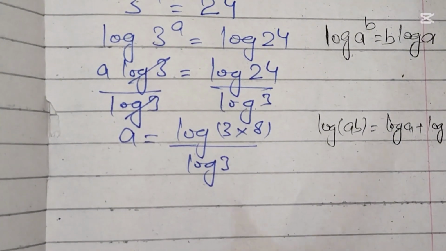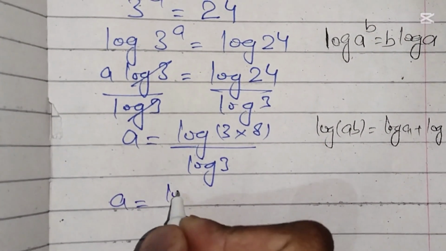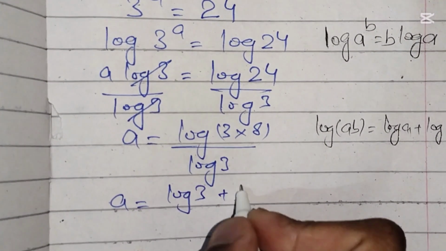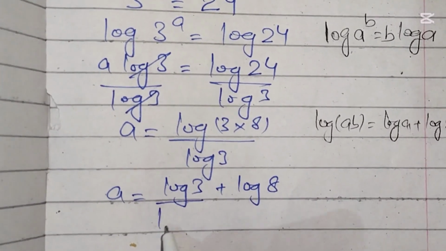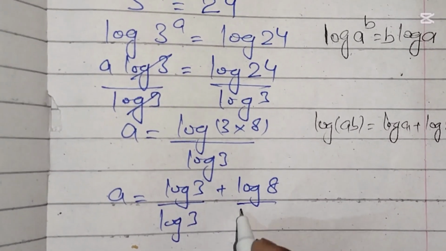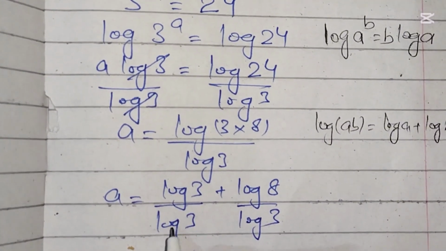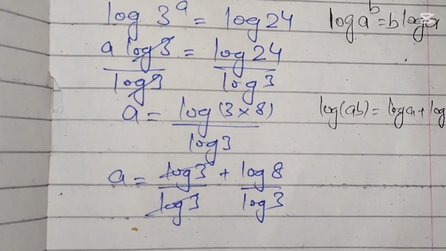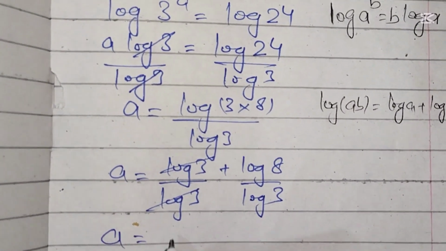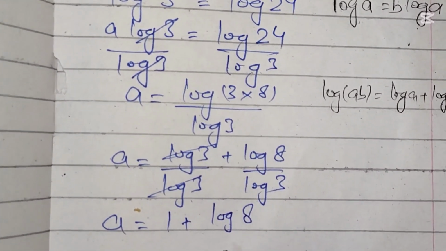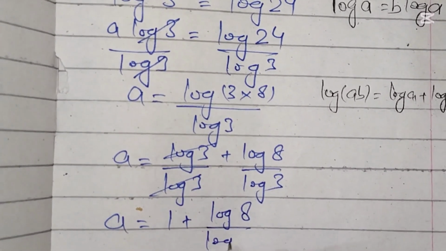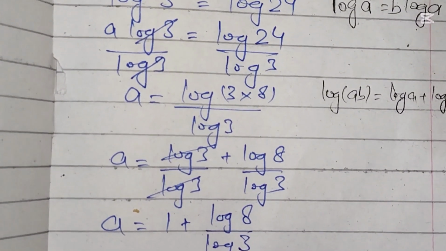So a will be log of 3 plus log of 8, all over log of 3. Log of 3 cancels with log of 3. a will be equal to 1 plus log of 8 over log of 3.